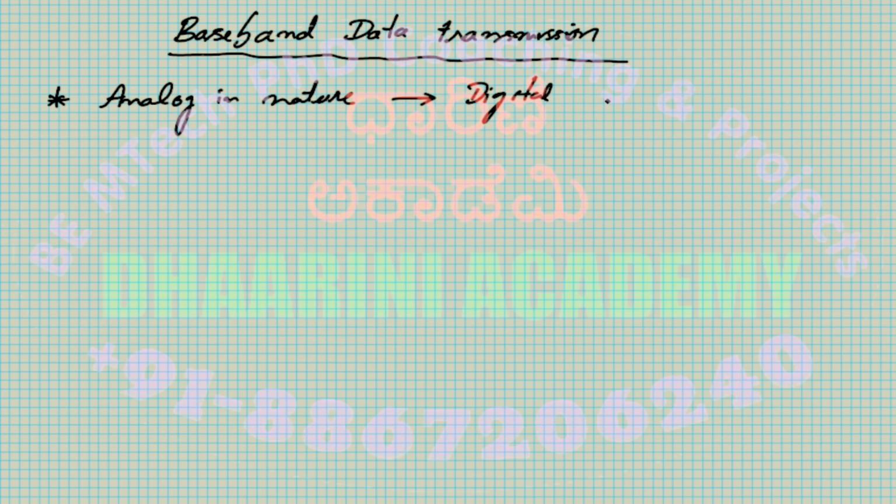right? Digital basically stands for this: you try to represent the time axis as well as the amplitude axis, you try to quantize. Have you heard the word quantization? Yes.